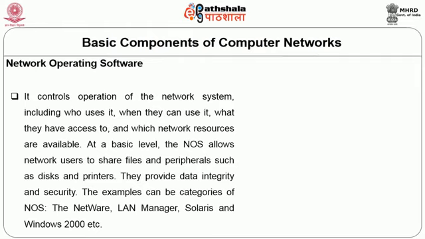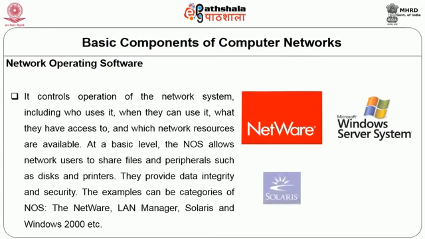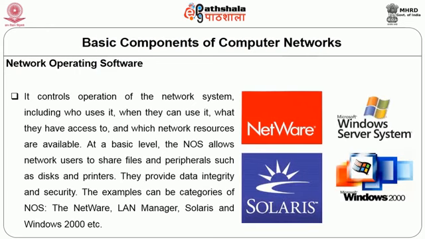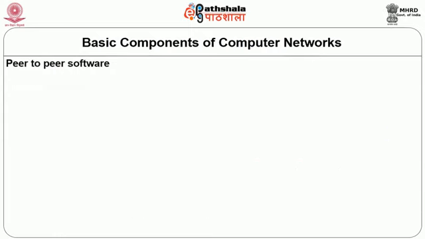They provide data integrity and security. Examples of network operating software are NetWare, LAN Manager, Solaris, and Windows 2000, etc. The main categories of network software are peer-to-peer software and client-server software.